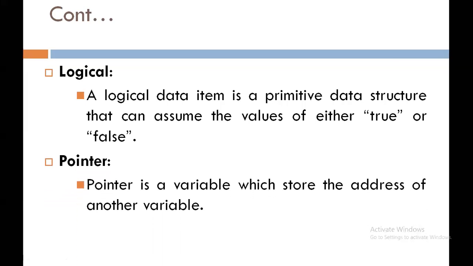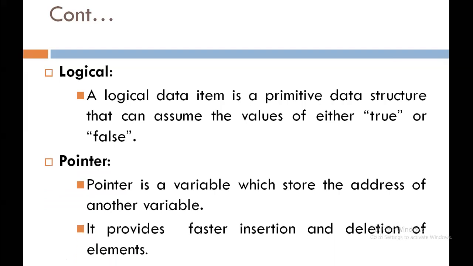A pointer is a type of variable which stores the address of another variable. A variable generally stores a value, but a pointer variable stores an address, the address of another variable, and it provides faster insertion and deletion of elements.